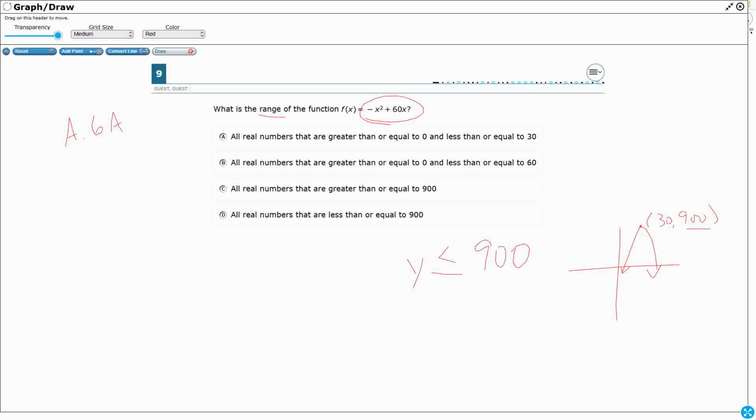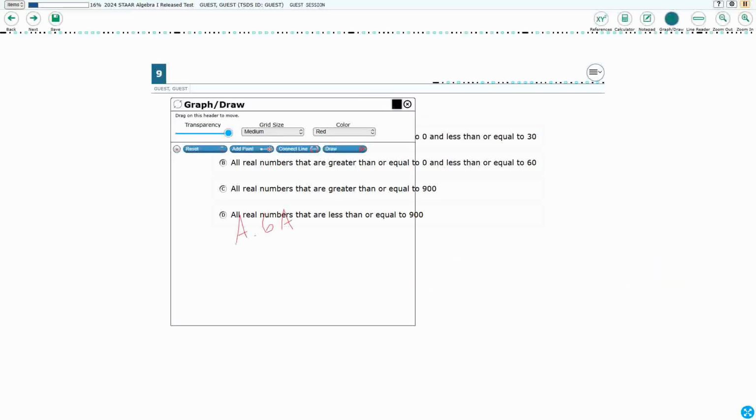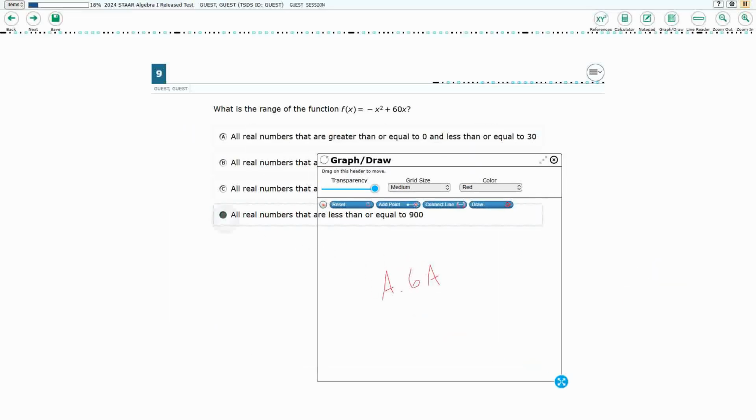So we're looking at that y value. So when we're looking at our options here, we've got 900 twice, but you notice one of them says greater than or equal to, one of them says less than or equal to. Obviously, we're looking at less than or equal to. So I wrote it with symbols. We need to describe it with words. All real numbers less than or equal to 900 is our answer, D.